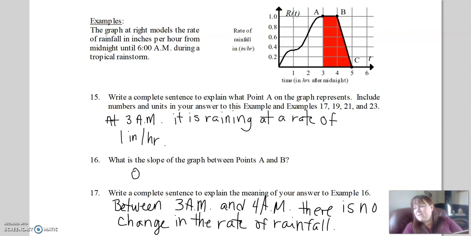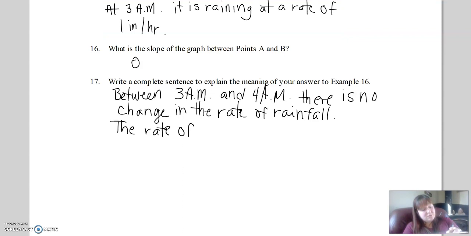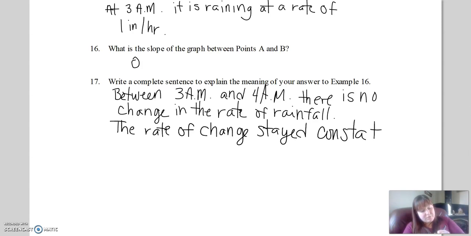Or you could say that it stayed constant. Let's write that. The rate of change stayed constant at 1 inch per hour.